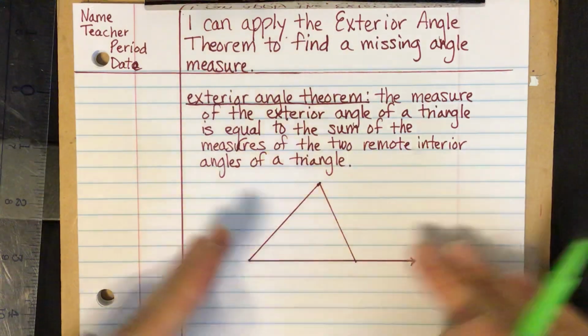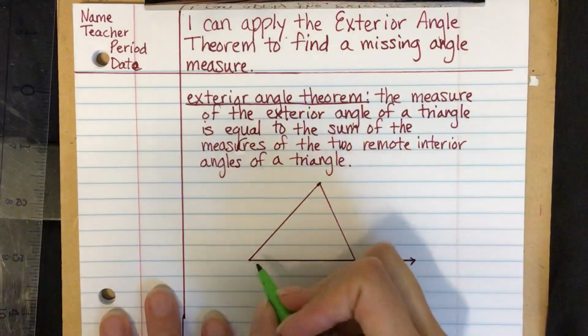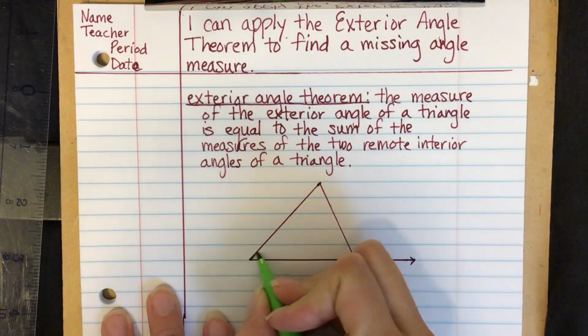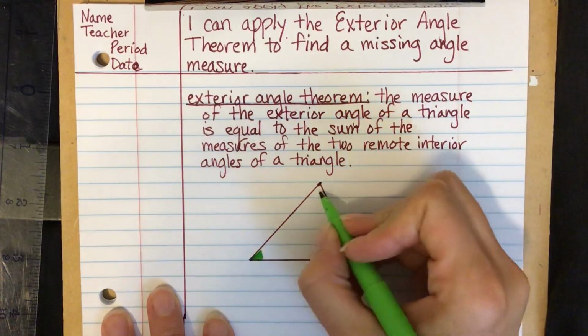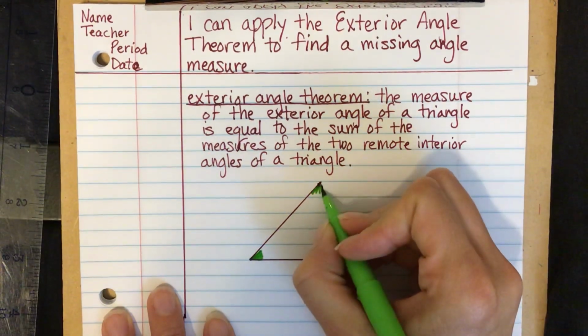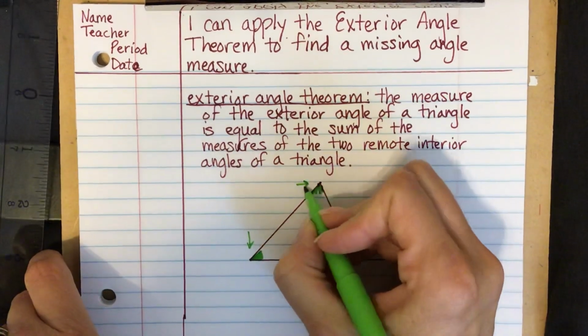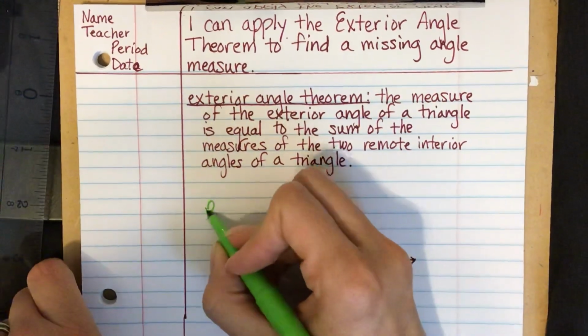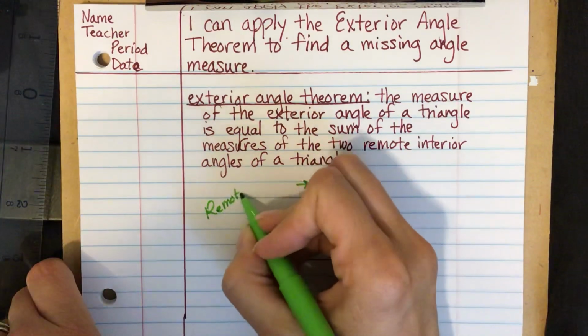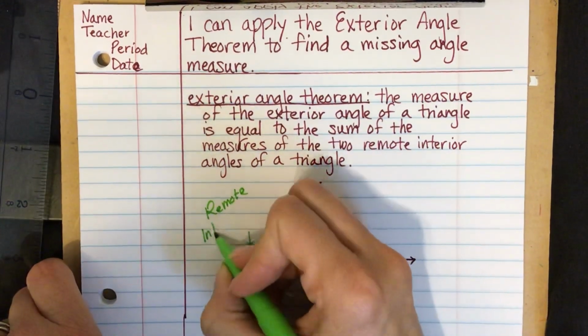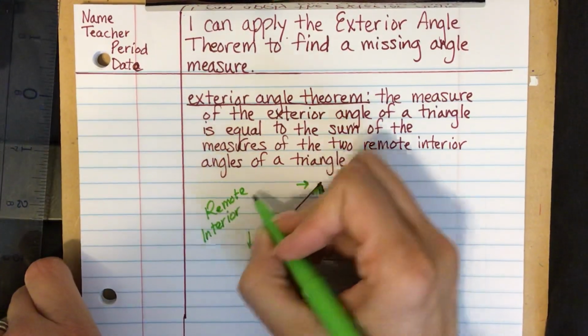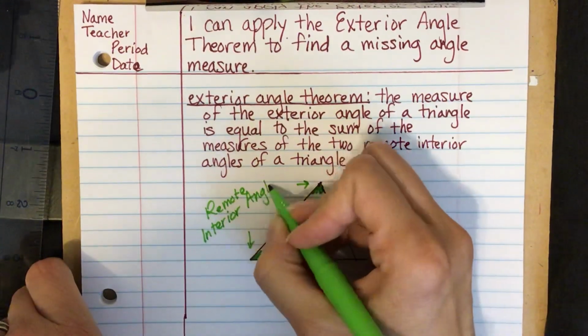First of all, I drew this picture. These two angles right here, I'm going to shade a little bit with green, here and here. These two angles are called the remote interior angles.